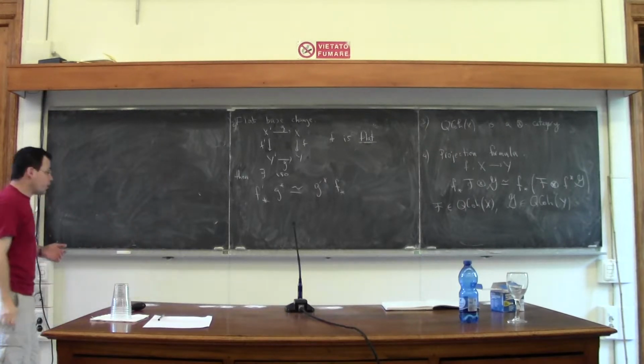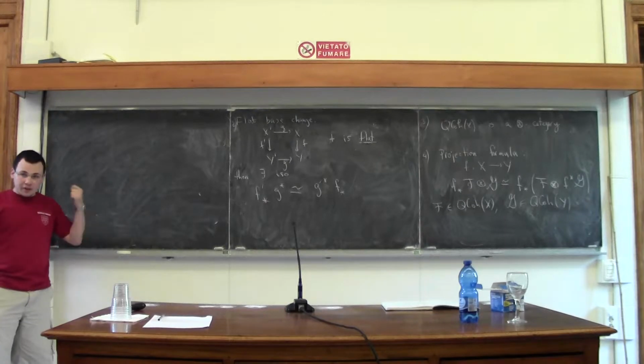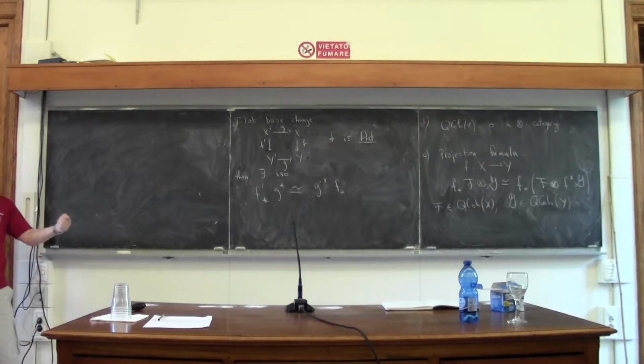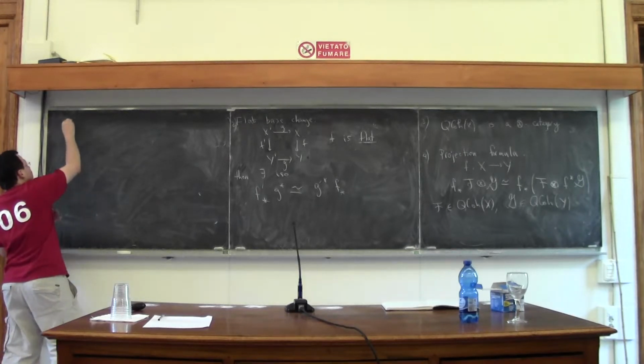Now, at the very end of last time, we computed the derived category of P1, and the way we did that was by describing the identity functor as a kind of integral kernel. So we can consider more general integral kernels.